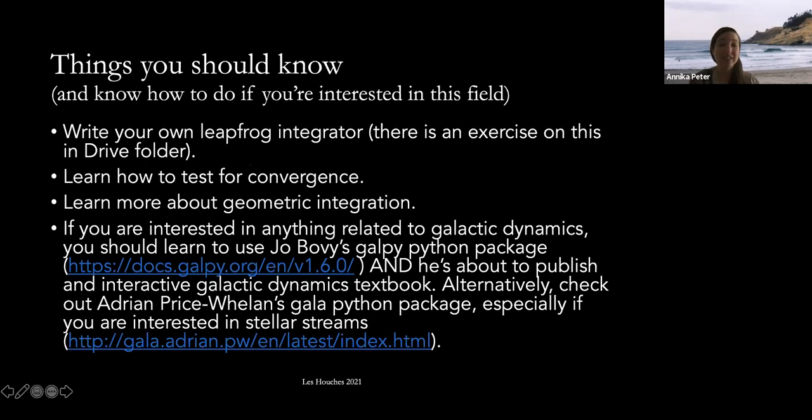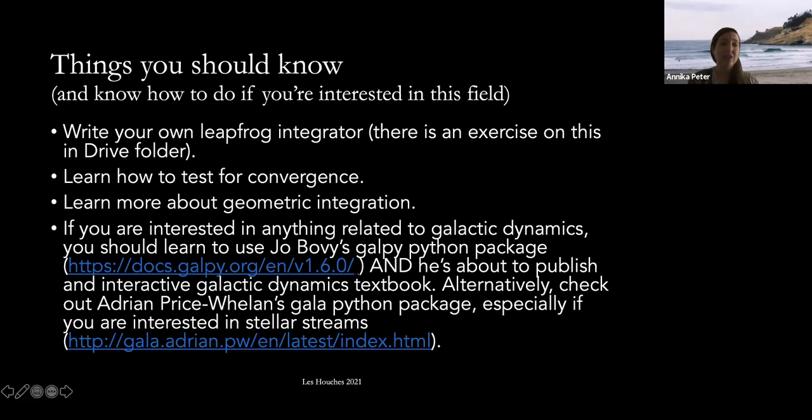Another thing, which if you're interested in this field, you should learn how to do, is figure out how to test for convergence in solutions. Like, how do you know that your integrator is working as well as you want it to do? Another is to learn more about geometric integration more generally. And so I have a bunch of references in my notes about that.